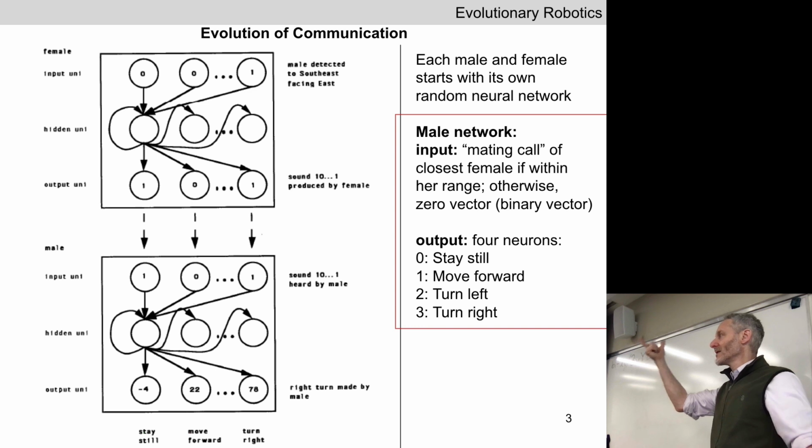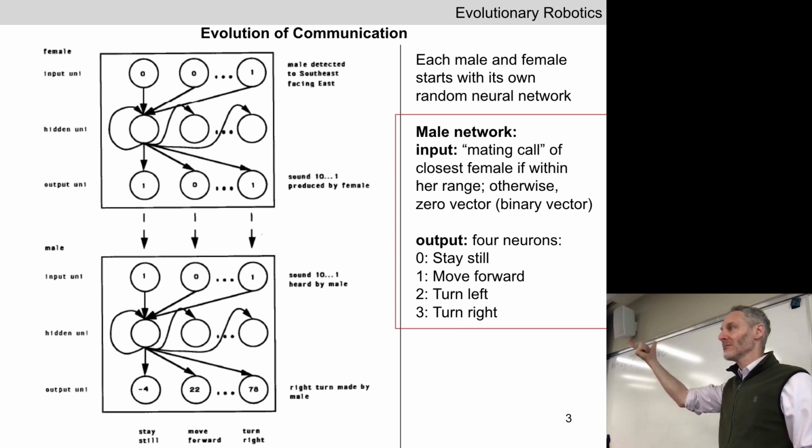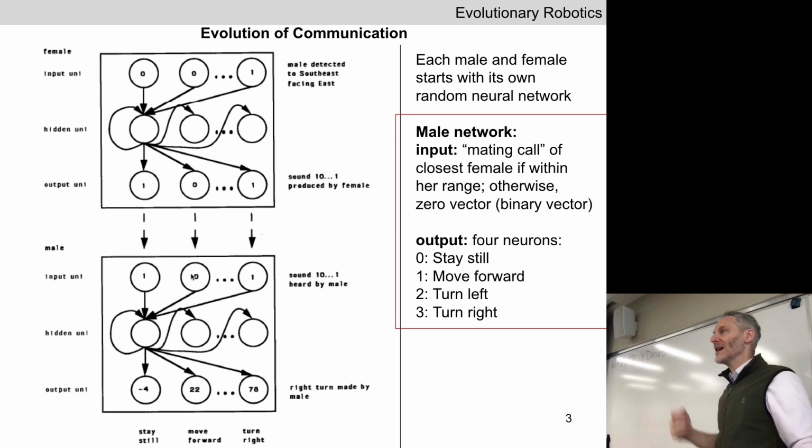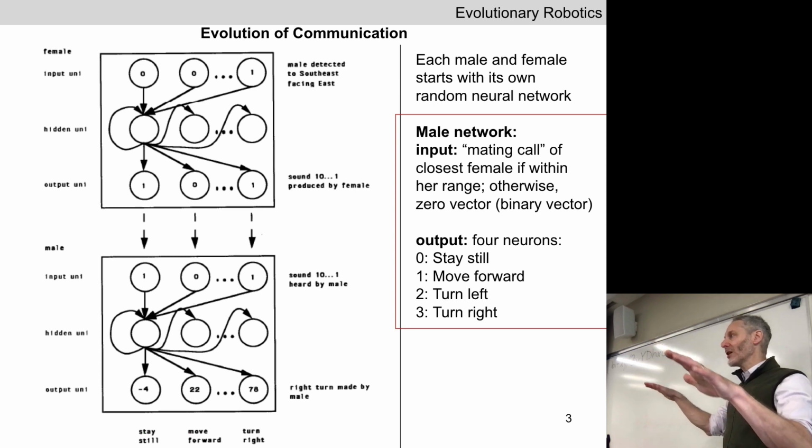You take that semantic-free binary vector that has no meaning associated with it, and you plug it into a male neural network, which also has random synaptic weights. The male is going to move at random. What is the meaning of that mating call? There's no meaning yet, right? Okay, so that's where we're going to start.